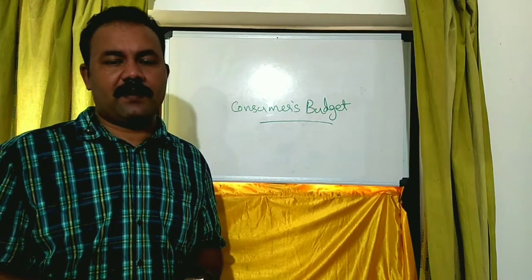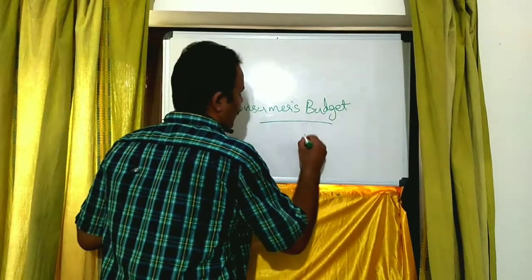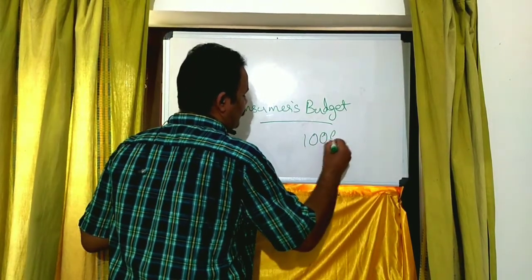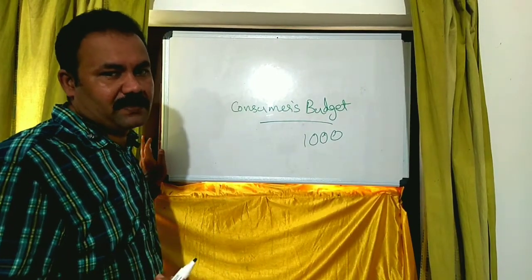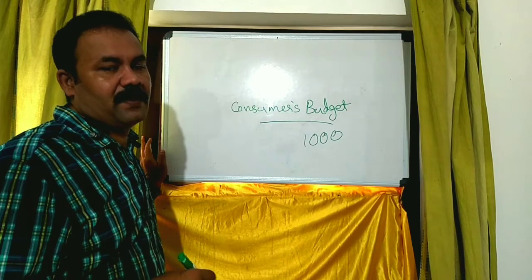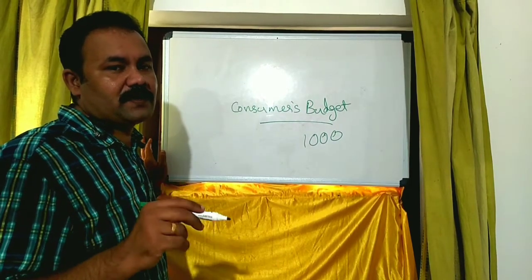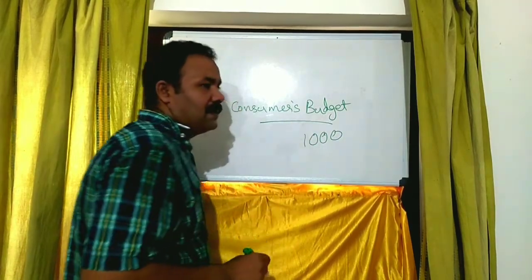Suppose the amount of money available to a consumer is 1000 rupees. Then with that 1000 rupees she can purchase two commodities in different quantities. Then the consumer's budget is 1000 rupees.